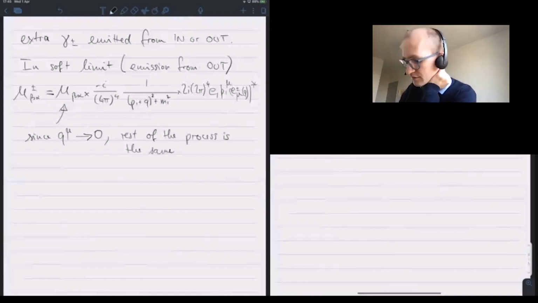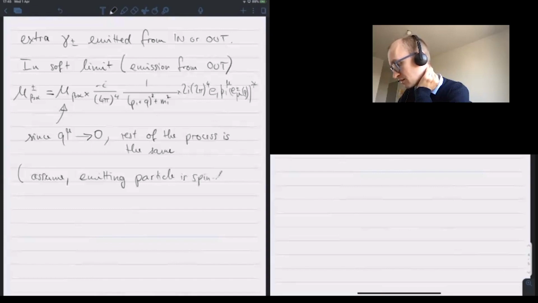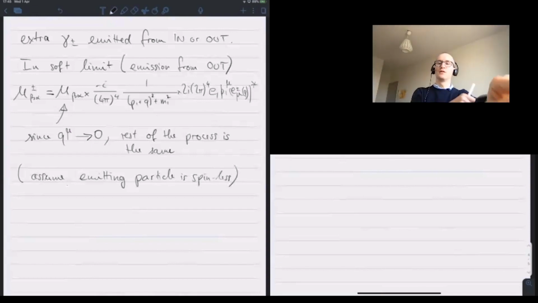And the remark was that for simplicity, we assume that the emitting particle is spinless, scalar. So that explains this expression here.